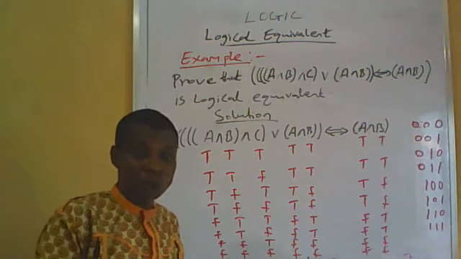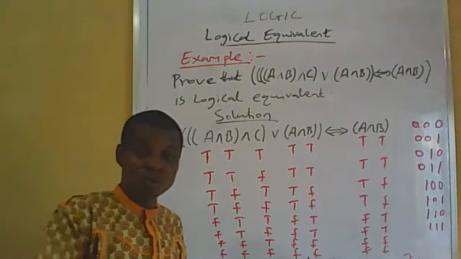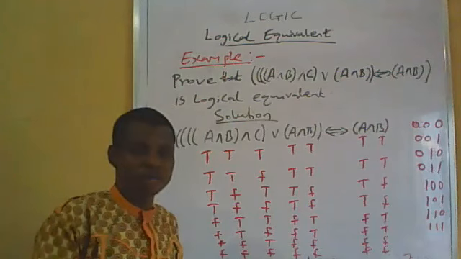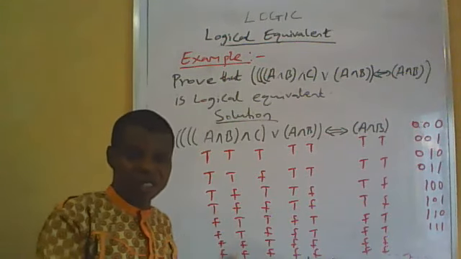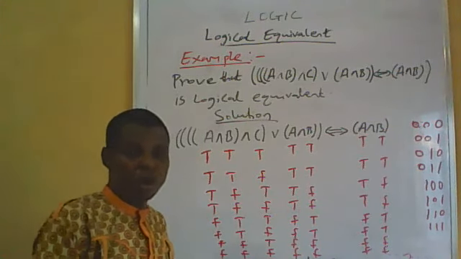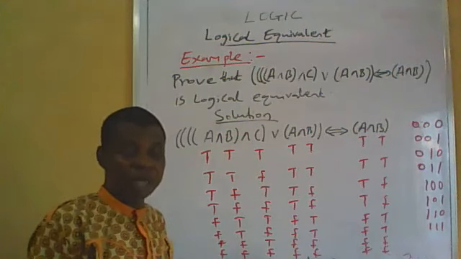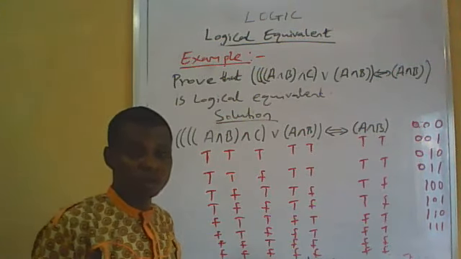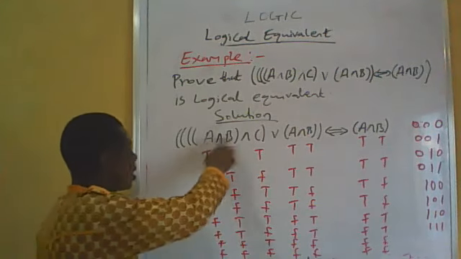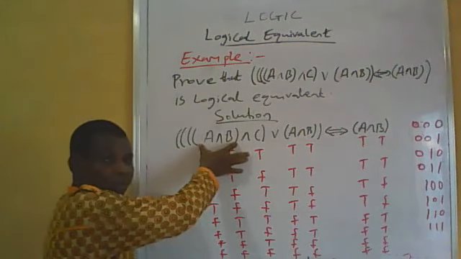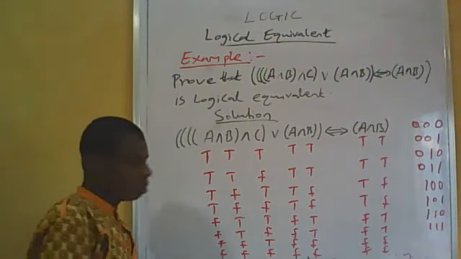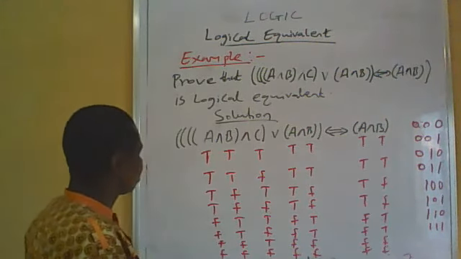The two conjuncts have the same truth value of T. That means they are T, that is true, before we can validate it to be true. Otherwise, false. So here is A and B in the bracket. You want to validate it. You have A and B.